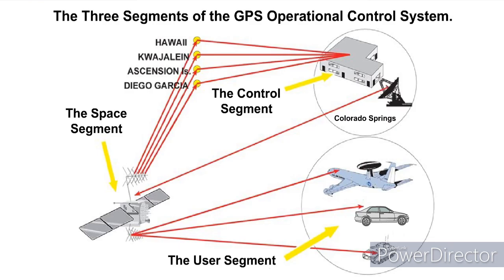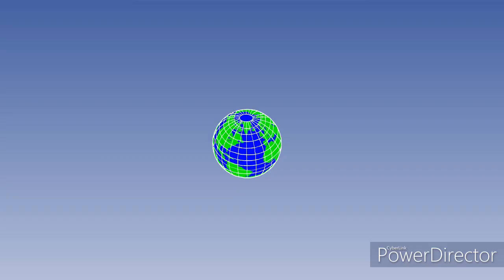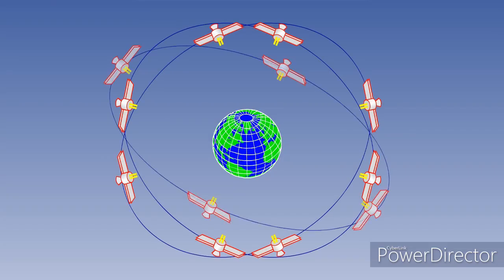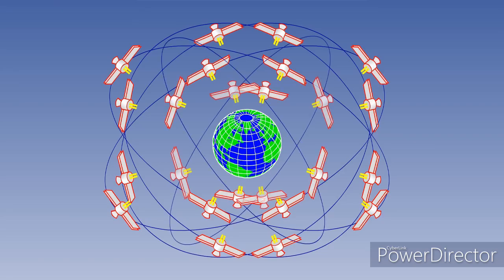GPS comprises 3 segments: the space segment, the control segment, and the user segment. The GPS space segment nominally comprises 24 space vehicles, SVs, that is, 4 satellites in each of 6 orbital planes. 21 of these are operational and 3 are spares, to be activated in the event of a breakdown.